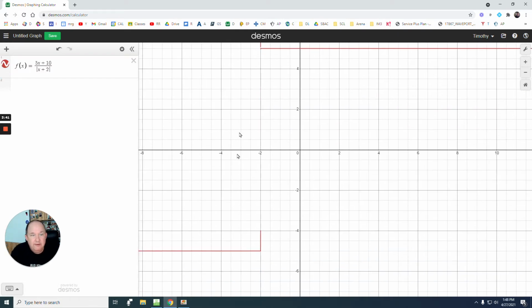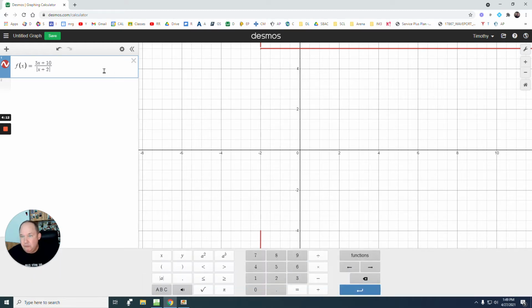Coming from the left, the answer is -5. I'm looking at the y coordinate. This part that has a vertical line, totally ignore it. So from the left, the answer is -5, and from the right, the answer is +5, looking off a graph.